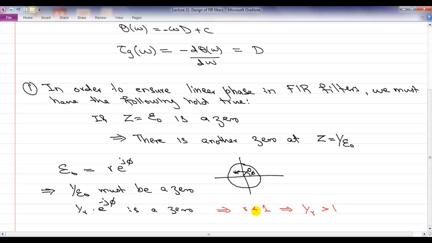So you have a zero inside the unit circle, your other zero will be outside the unit circle. Now if you have the phase phi, then the other one's phase will be minus phi. So in this example, you will get another zero here. This distance will be 1 over r, and this angle will be minus phi.